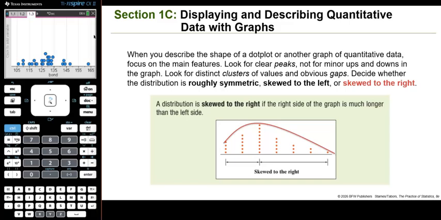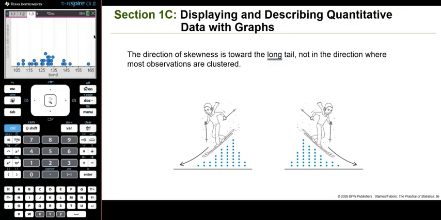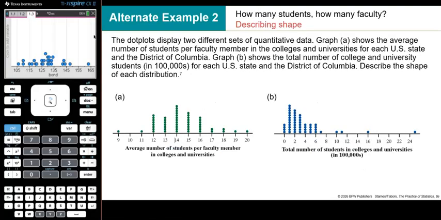So when it says skewed to the right, you're pointing at that tail to the right, pushing towards those potential outliers on the tail. Again, it might help you think of skiing to the left or skiing to the right, skewing to the left, skewing to the right, I should say.